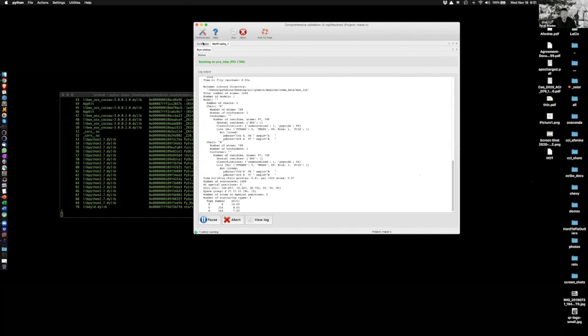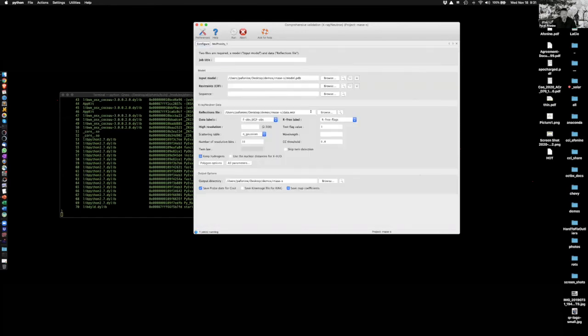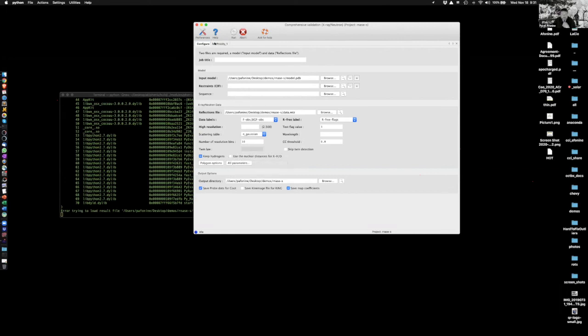And of course, if you have an input file with multiple data sets, you can always choose which data to use, which R-free flags to use, and things like this. You can define if it's a neutron or X-ray data set, and choose particular geometry parameters for that.